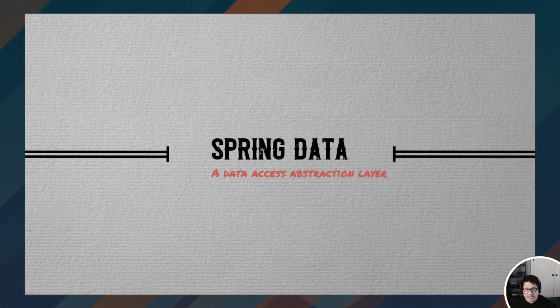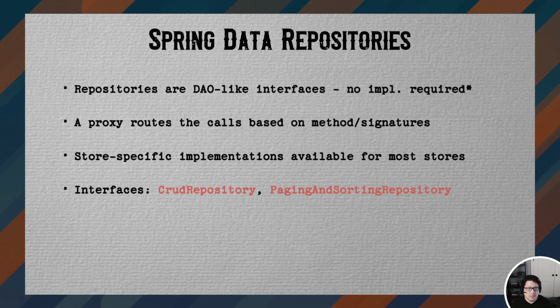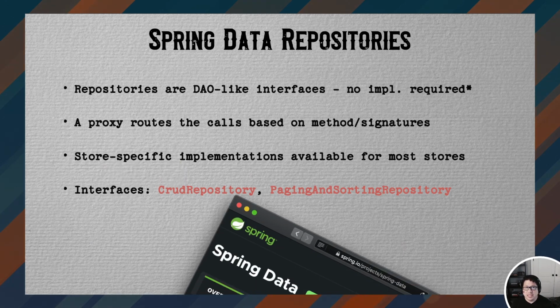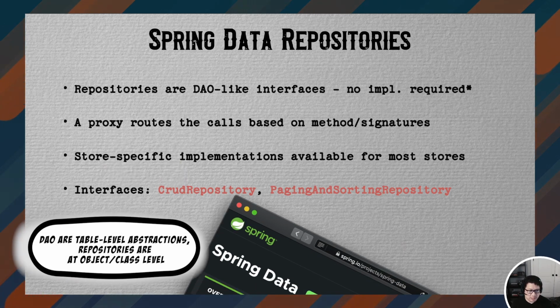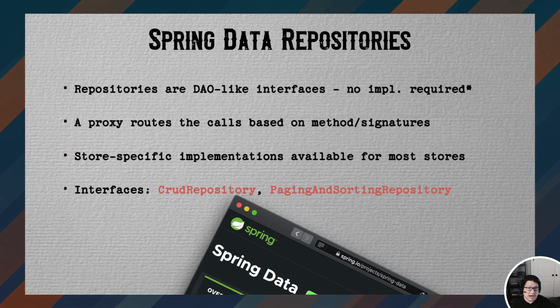All right, so let's talk about Spring Data. Spring Data is an umbrella project that provides a data access abstraction layer over many different data stores. Both SQL and NoSQL data stores are covered by Spring Data. One of the main concepts in Spring Data is that of repositories. And repositories are DAO-like interfaces, data access object-like interfaces. They are actual Java interfaces that you extend and add your own specific methods, and they don't really require an implementation.